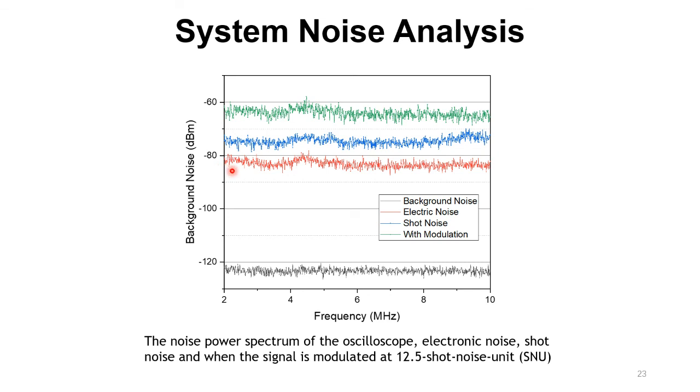The shot noise is 7 to 10 dB higher than the electronic background noise, which corresponds to a 7 to 10 dB signal-to-noise ratio in the 2 to 10 MHz band. With modulation on, the measured output is 12.5 dB higher than the shot noise, which we refer to as 12.5 shot noise unit modulation.